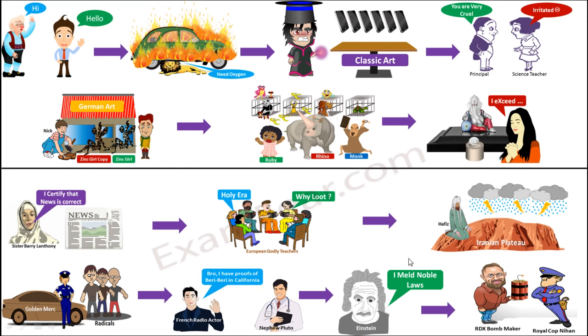When you slept off, you saw a dream. We assume that your name is Nihan. In the dream, you are the royal cop Nihan who could actually arrest the RDX bomb maker.